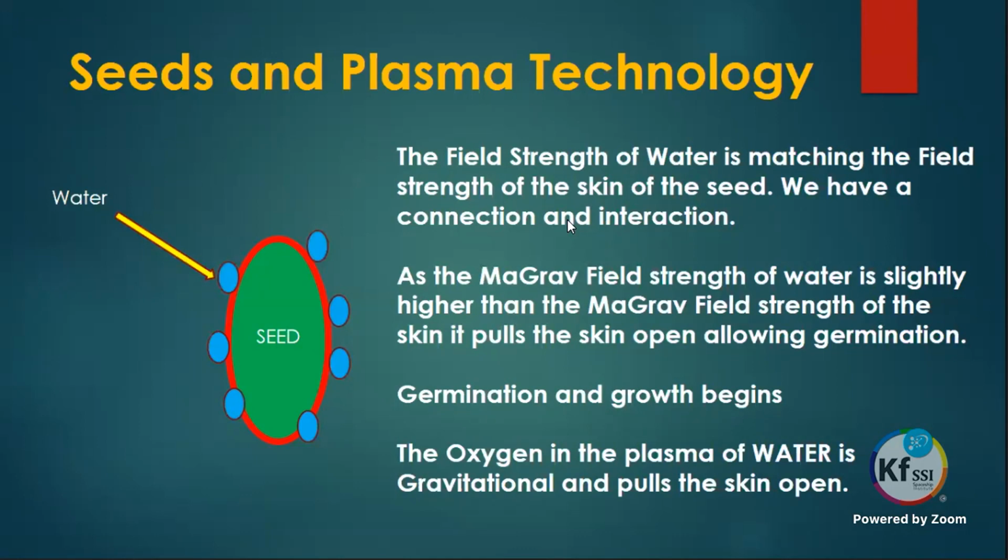So when we look at the water itself, composed of H2O, 2 hydrogens and 1 oxygen, we know that the oxygen plays the role of the gravitational, and it's the one that pulls open because it's highly gravitational. It pulls and opens that skin, so it's able to peel through the seed layer and get access inside.